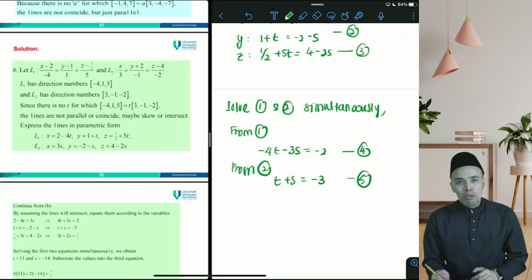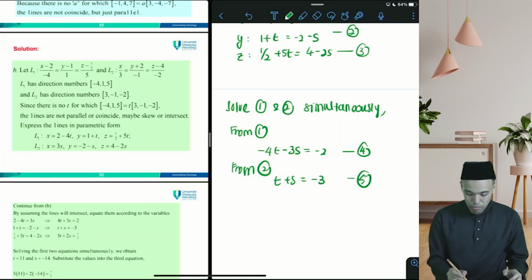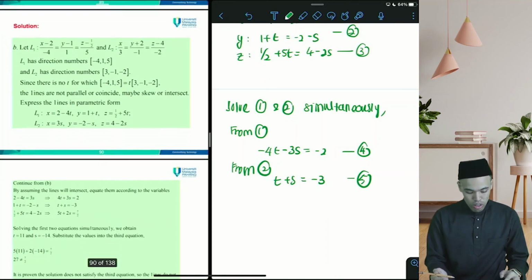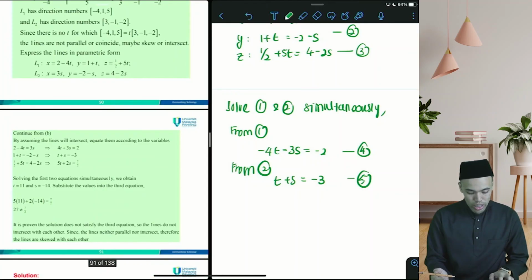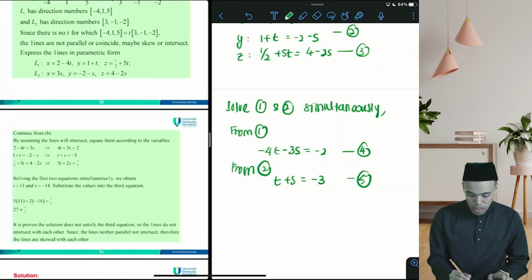Okay. By using your calculator, when you key in the information for solving two unknowns, you will get what I have provided in the slide presentation, such as t is equal to 11 and s equal to negative 14.